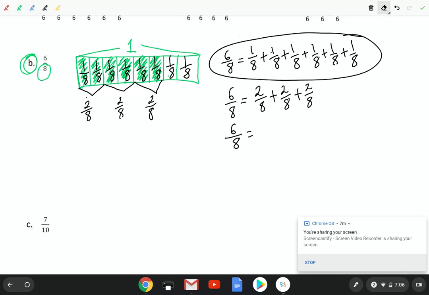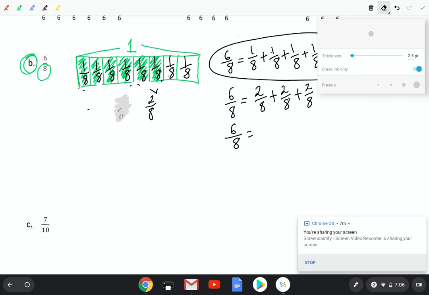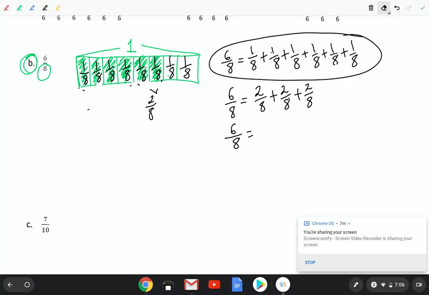Okay, well, let me see if I can erase this really quickly. And now, instead of looking at the 8s 2 by 2, I can think of what's another way that I can combine 8s and still come up with the sum of 6 of them. Okay, well, another way that I can do this, I can put 3 together.